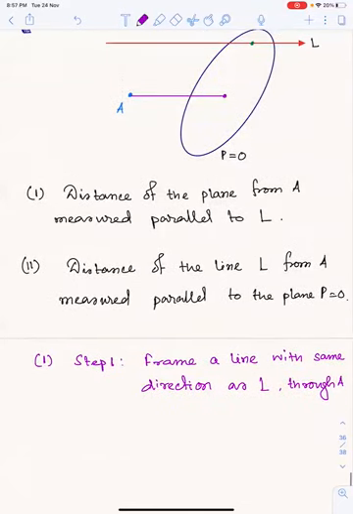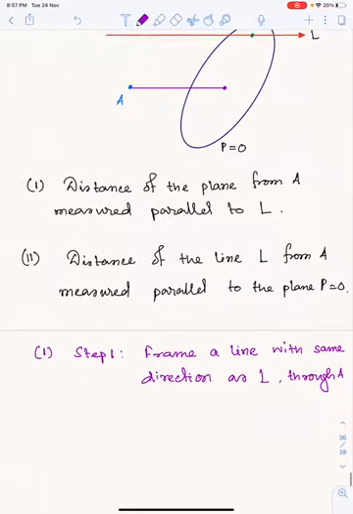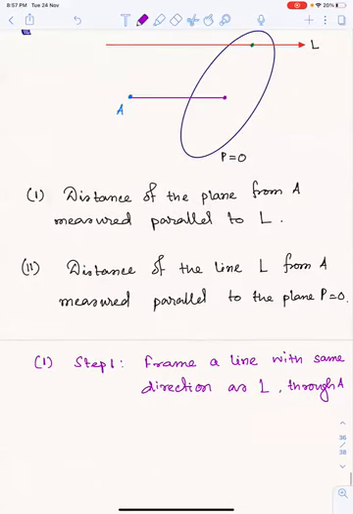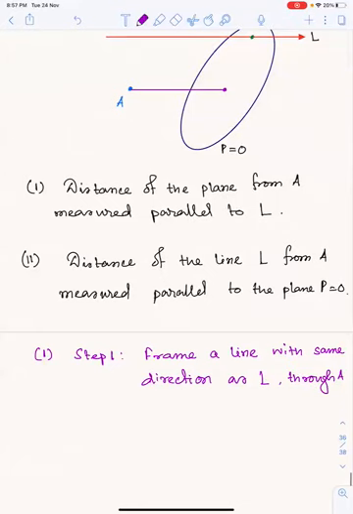Is it clear to everyone? As L is given, we know its direction. So using the direction of L and the coordinate of A, I can construct another line, as drawn, the violet line in the diagram.